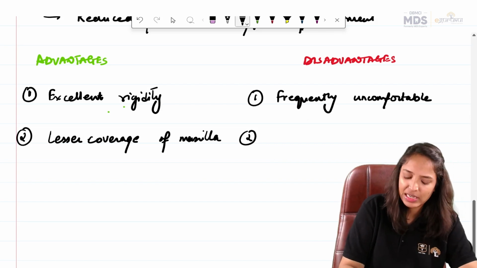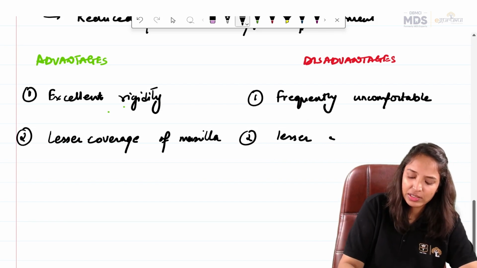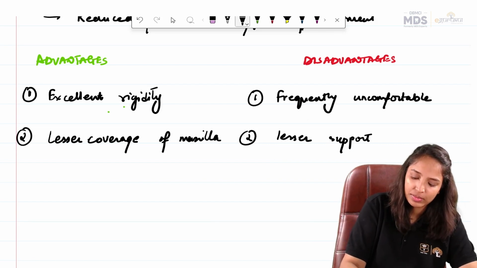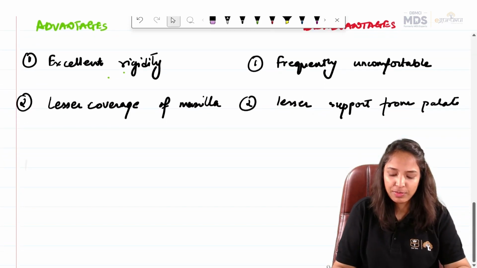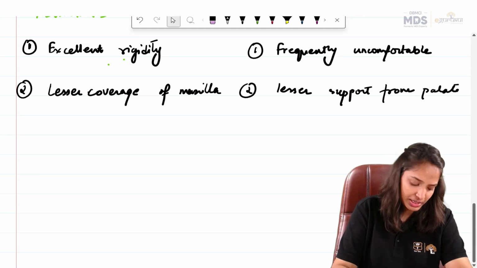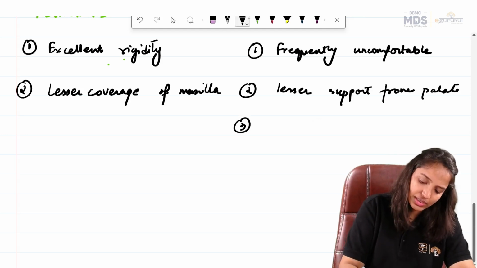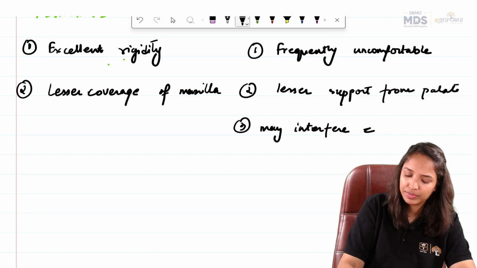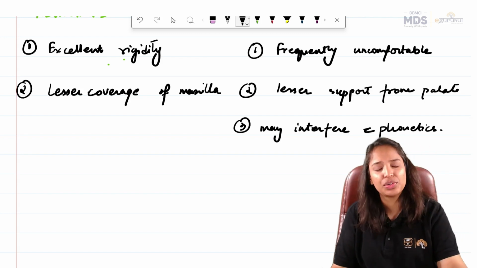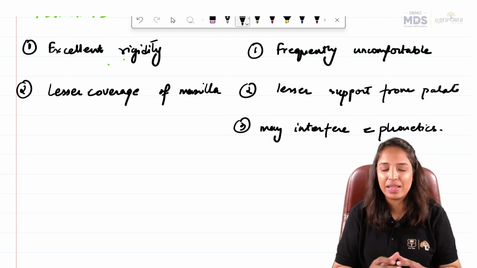Second is it still derives lesser support from the palate. So you will have more dependency on your abutment teeth. And third is it may interfere with speech because of the anterior bar. So that is the third disadvantage of your AP bar.